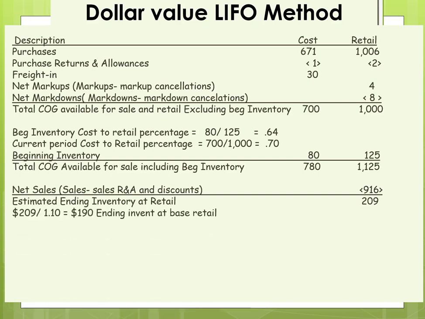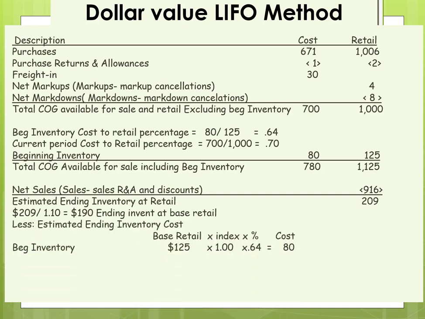Now we're going to take our 209 and divide by 1.1, which is the index for the year, which equals 190, the ending inventory at base retail. So we're going to take our beginning inventory times their index, which would be 1, because that's the base year, times 64%, which would give us 80.